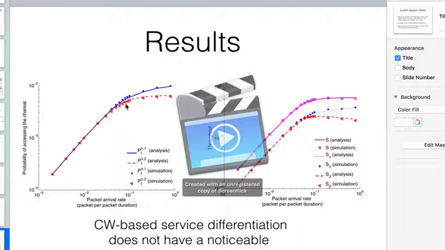In other words, we came to the conclusion that CW based service differentiation doesn't have any noticeable effect on the throughput and results.